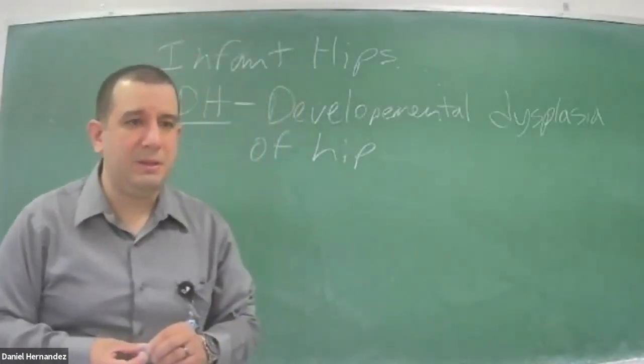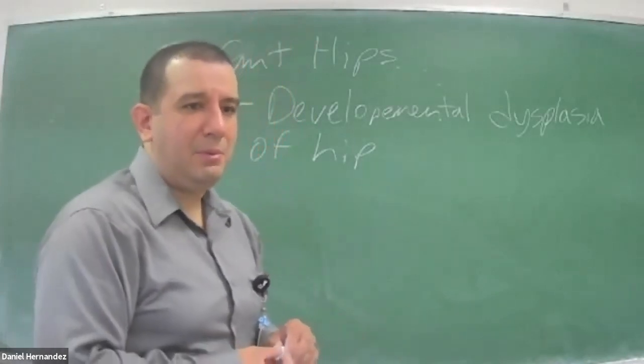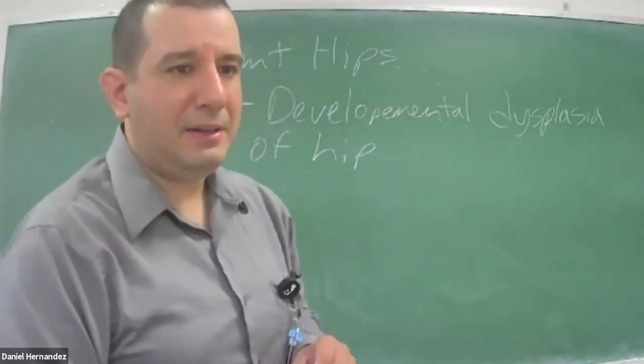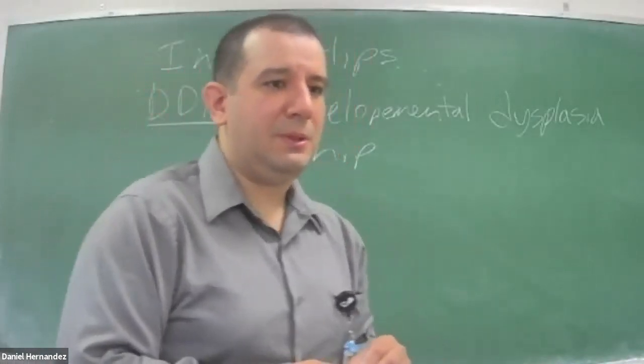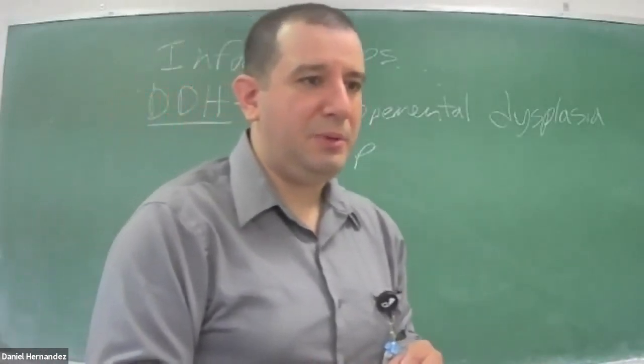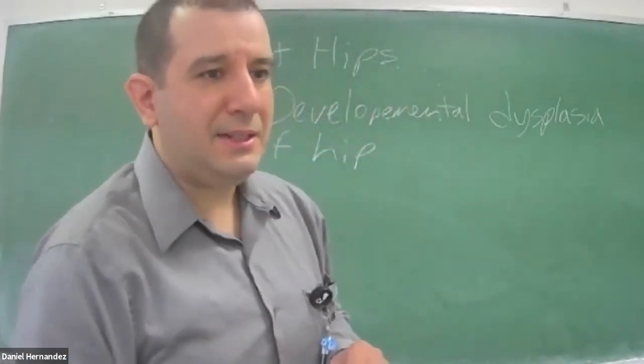Hip displacement is a relatively common abnormality, and when diagnosed in the neonatal period, up to 4 to 6 weeks of age, is often attributed to normal laxity of the hip.